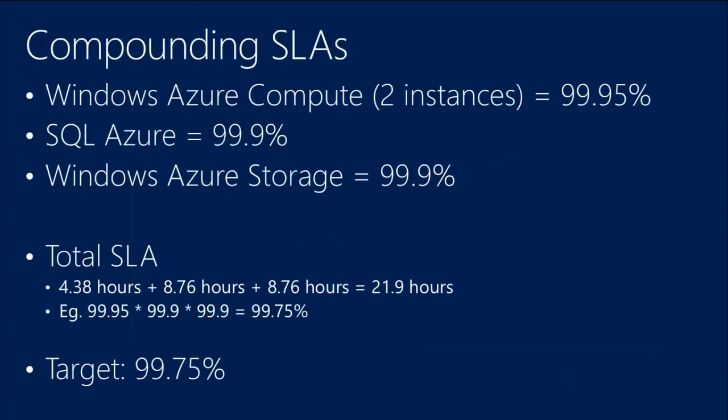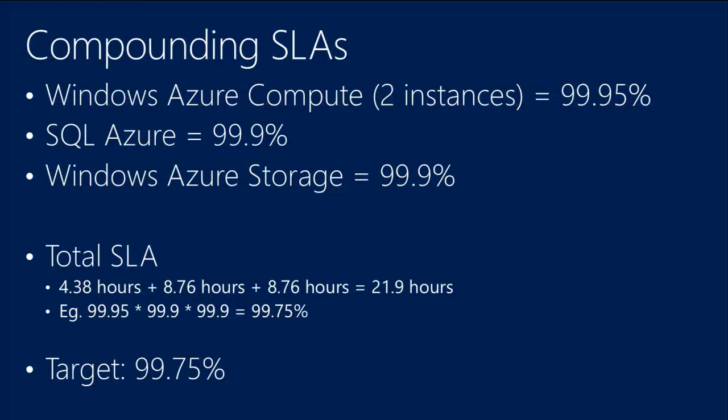Another thing is, when we use Windows Azure, for example, we're using several different elements. For example, I'm using cloud services, so I have 99.95. I'm using storage, I have 99.9. I'm using SQL Azure, 99.9. So what will I achieve?